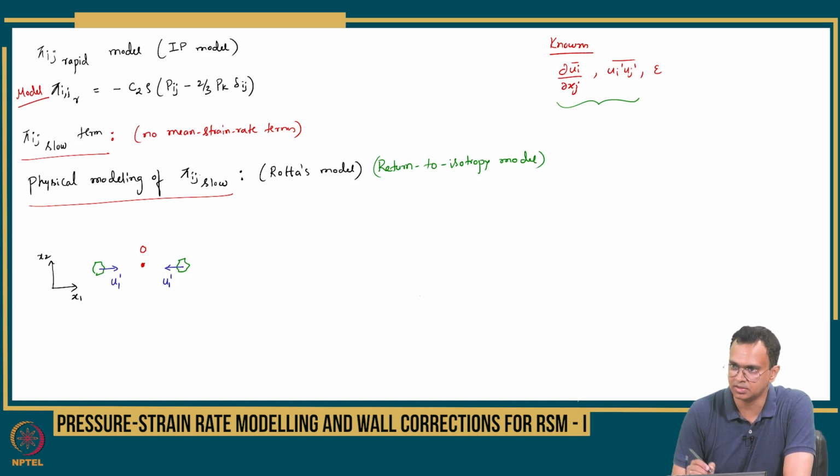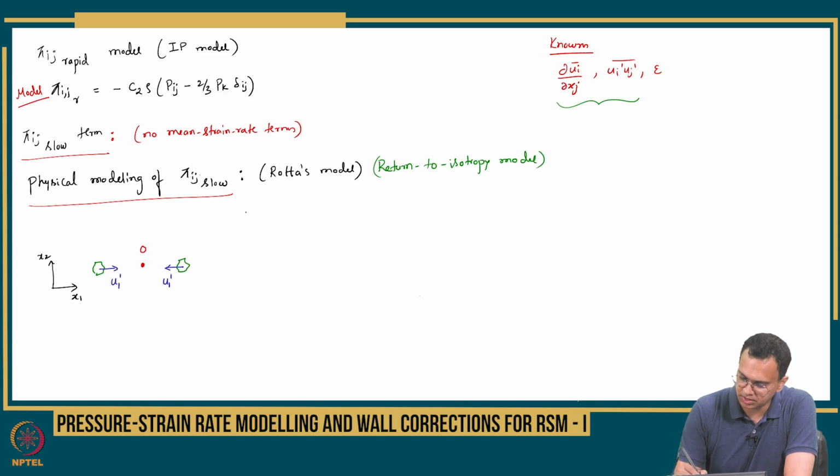If this occurs, obviously the pressure at the point O will rise, right? The pressure fluctuation P prime will rise when these two try to collide at point O. So we will use this concept to see what we can do.